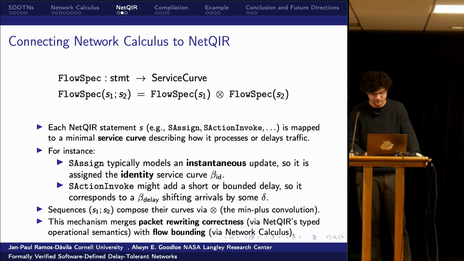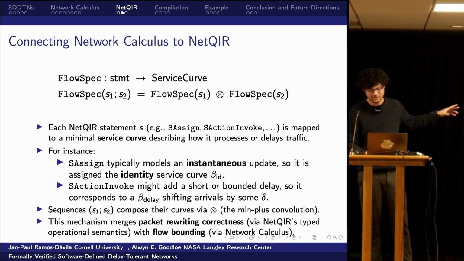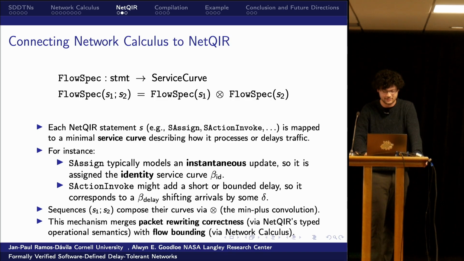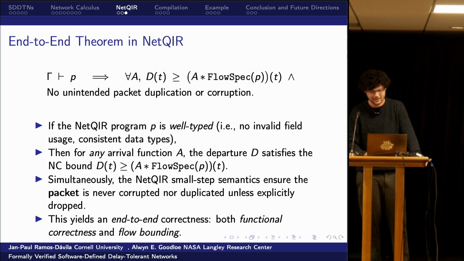So now that we've unified this flow bounding perspective from the network calculus in this language, the idea here is to show that no matter the arrival function A, we get a departure D satisfying the typical network calculus inequalities for whatever NetQIR program we define, for whatever function we write in it. So this is the end-to-end theorem in NetQIR.